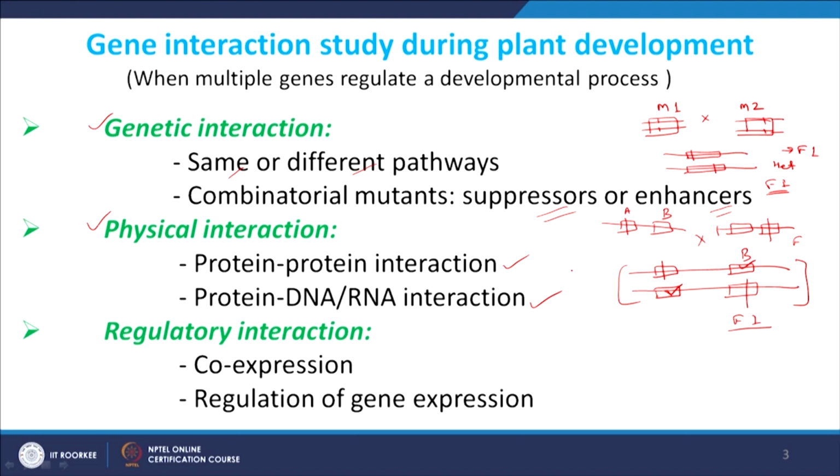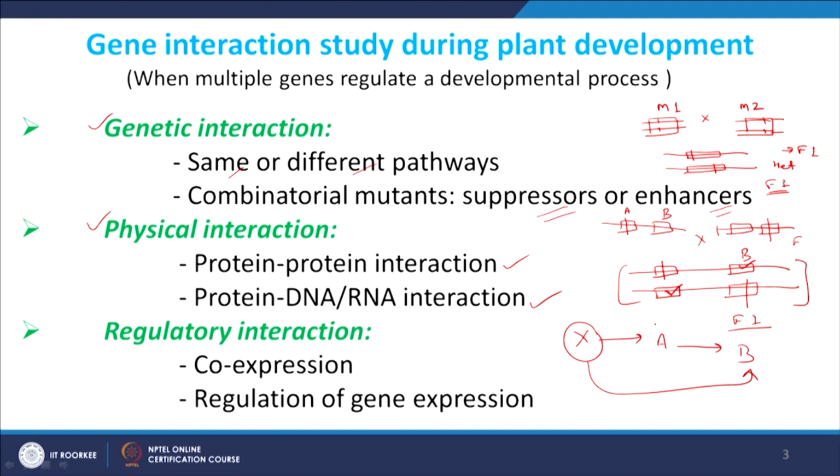Or it is regulating indirectly. In the indirect case, your transcription factor X regulates gene A, and gene A regulates gene B. So B is also regulated by X, but X is not directly regulating B, it is indirectly regulating B.